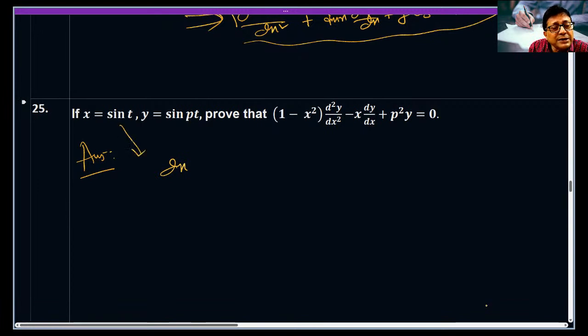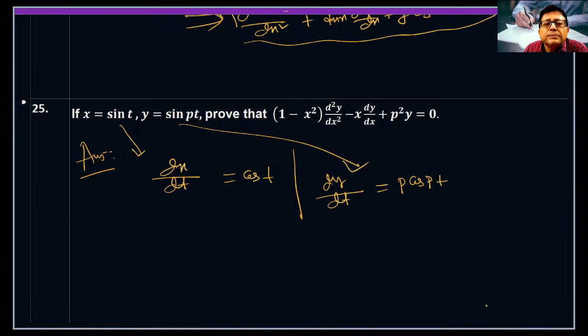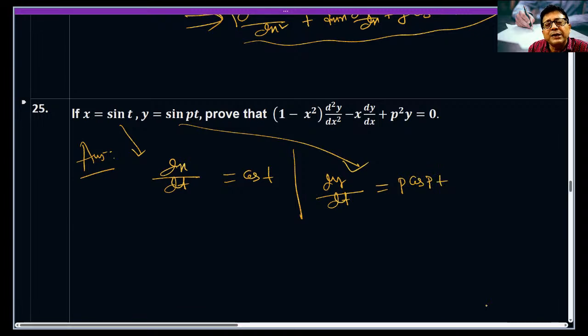What is that? From x equal to sin t, you find dx by dt. From y equal to sin pt, you find dy by dt. Done? My first aim will be to get x and y related, to eliminate what? t from these two.